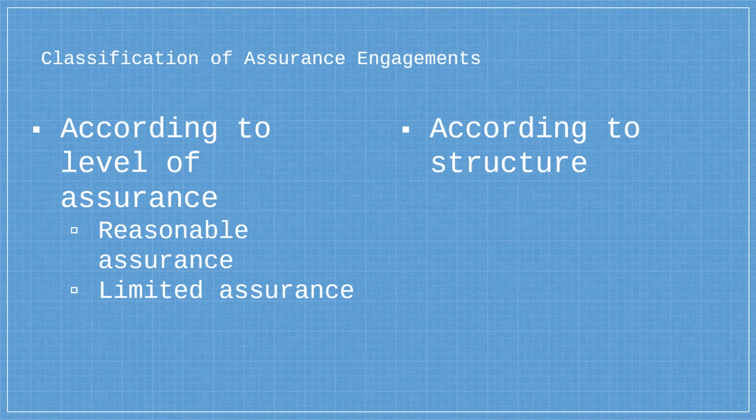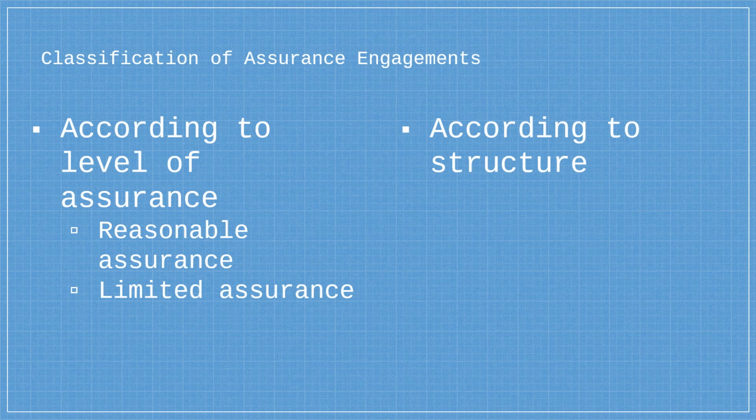The procedures being performed will eventually affect the risk involved, or the reduction of the assurance engagement risk, in that particular engagement, and can lead you to either give a positive conclusion true to a reasonable assurance engagement or a negative conclusion true to a limited assurance engagement. Again, I invite you to watch our previous video if you haven't yet done so.